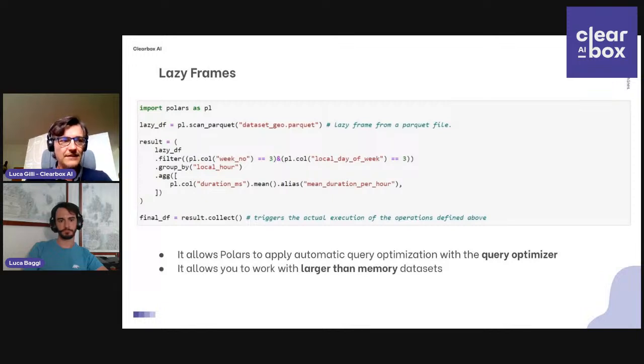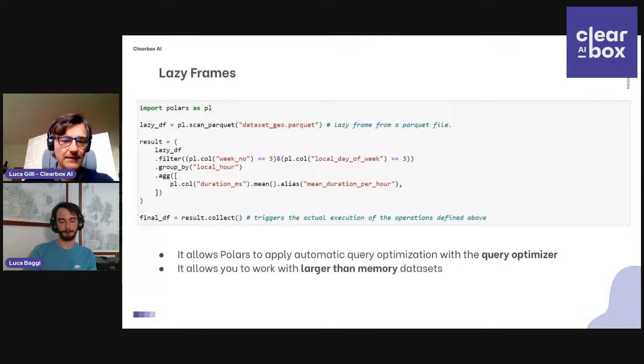And the great thing, in my opinion, is that you don't have to be super efficient in writing these queries, because Polars does everything under the hood. For me, it's like black magic, because I really see that it's really fast. Maybe Luca knows a bit more about what is behind it that makes it so efficient.